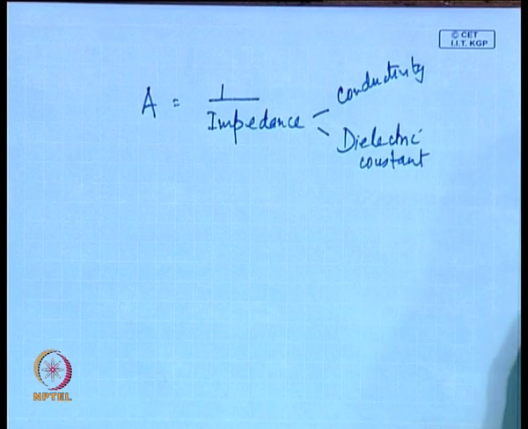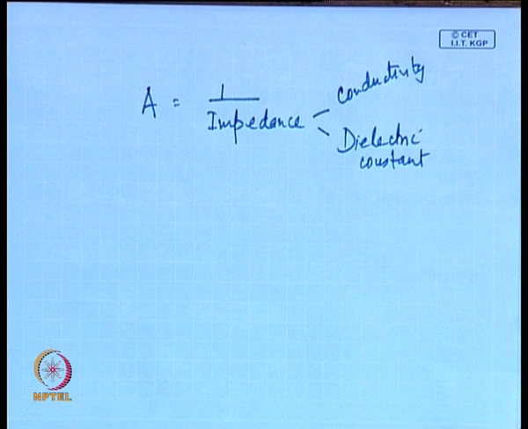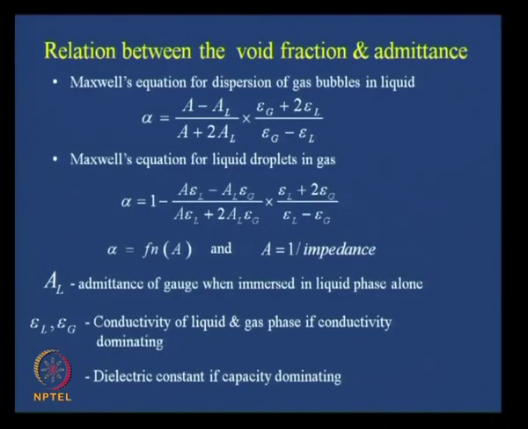So if this admittance has to be related to void fraction, then there has to be some mathematical relationship for it, isn't it? Any such relationship, firstly, will not be a linear relationship, and secondly, it cannot be the same for different flow patterns.